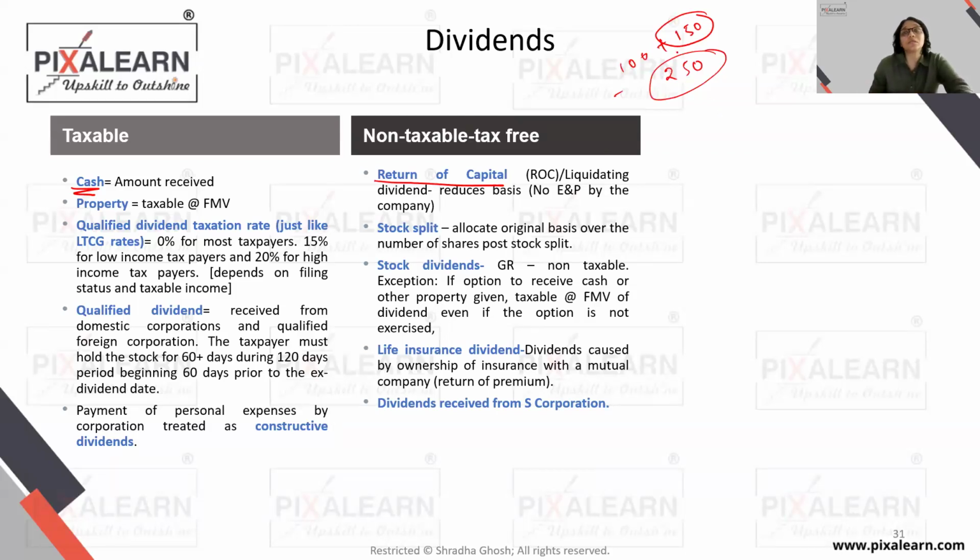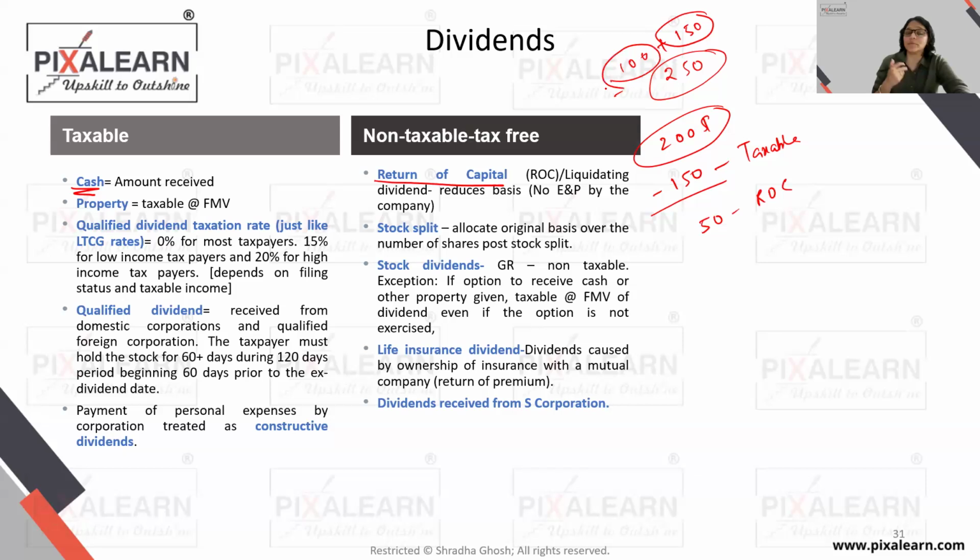But if the company goes ahead and pays me dividend beyond the $150, then let's say the company pays me dividend of $200. In that case, out of this, 150 will be taxable because that is from earnings and profits. The balance 50 will be regarded as return of capital. And your investment in shares would come down to $50.